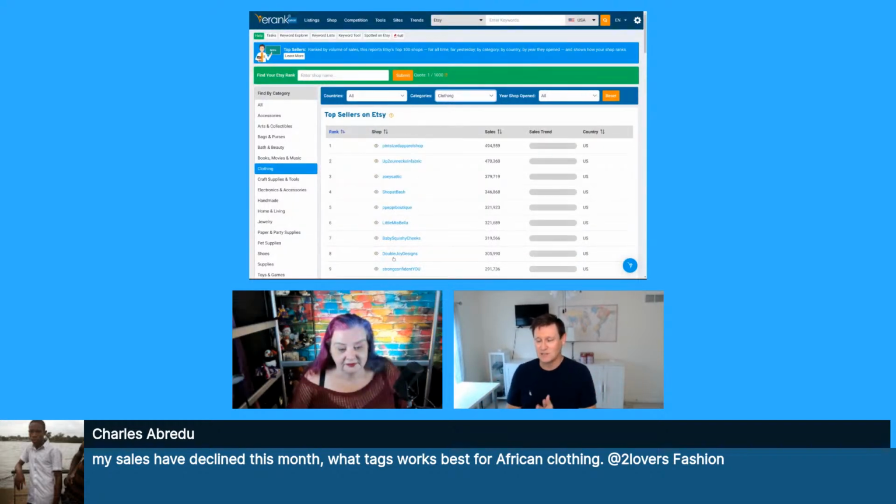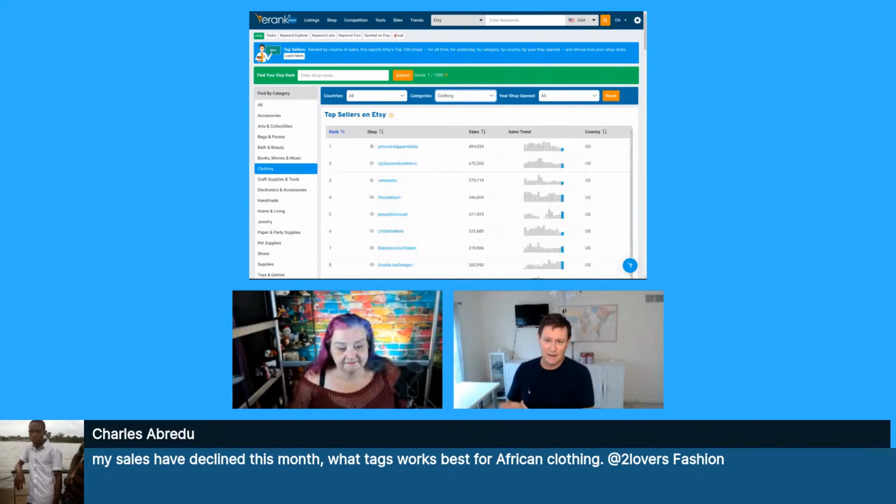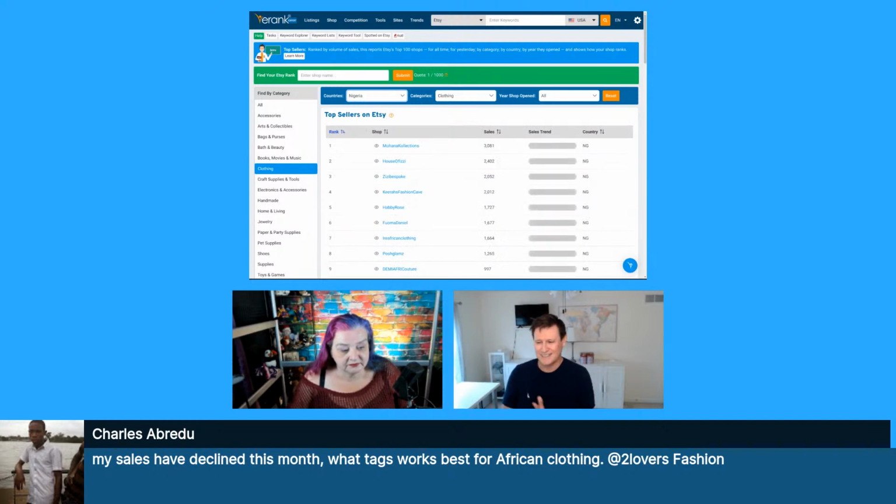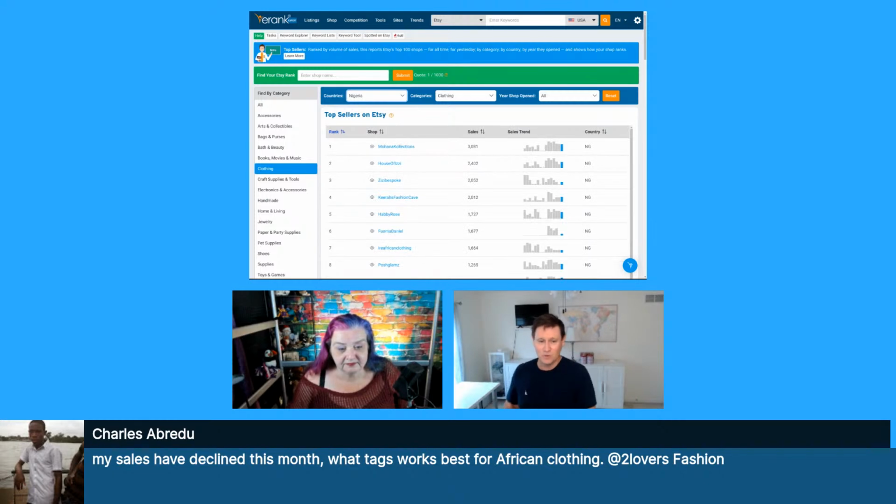Now, the problem is that most of these shops are probably not going to be specializing in African clothing. So that may not work so well. You could look at other countries in the region. So you could try Nigeria to see who's doing well there. That's what I would do. It's not an easy process, but if you're looking for ideas, that's what I would do.